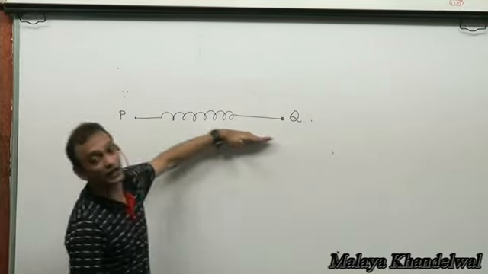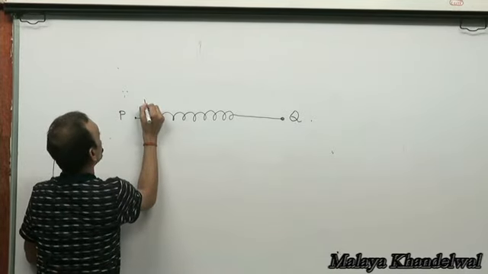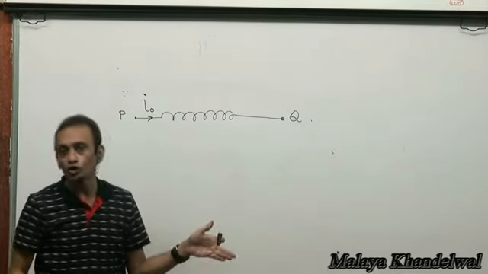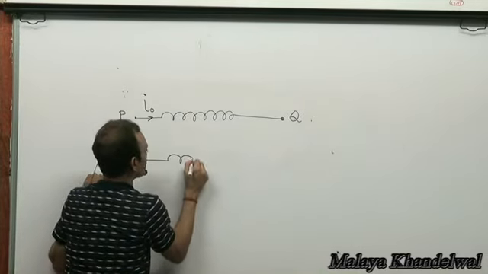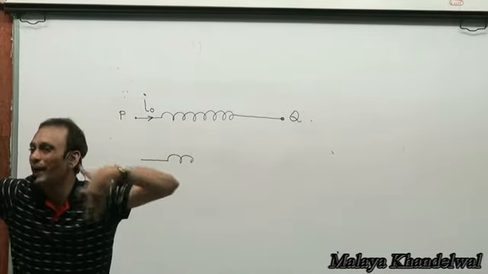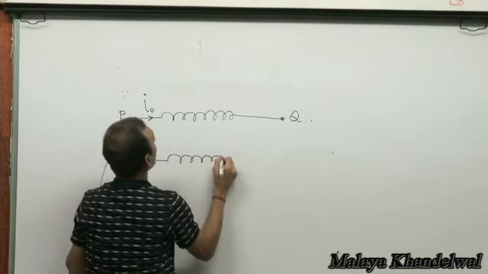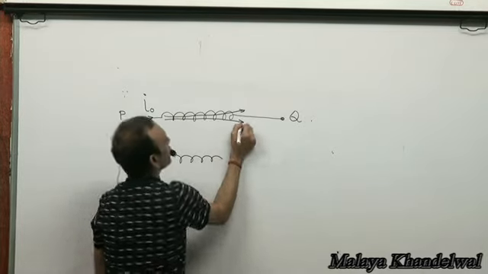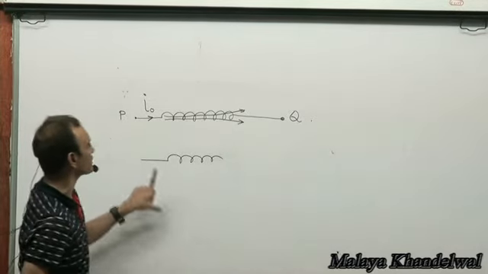Let's say eventually I want to build a current I naught in it, from I equal to 0 to I equal to I naught. Of course, there is going to be a battery connected to it which will build that current. Very shortly we will look at growth of current in an inductor element, but that's another story. I just want to mention this fact to you right now.